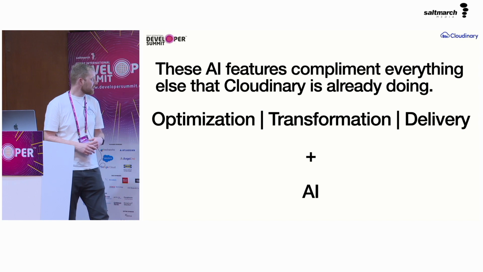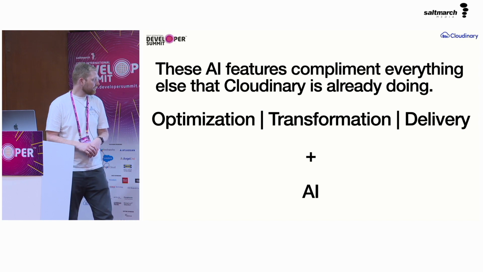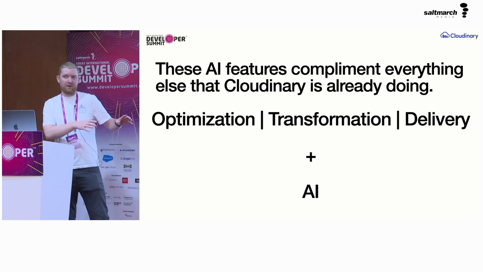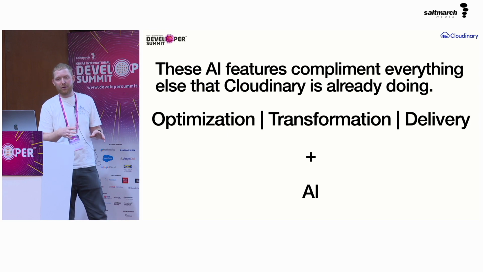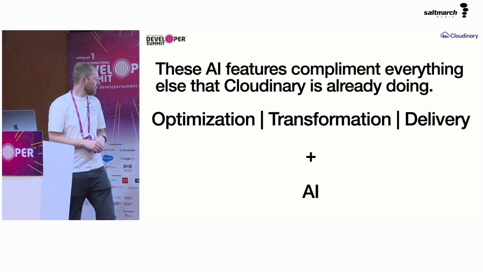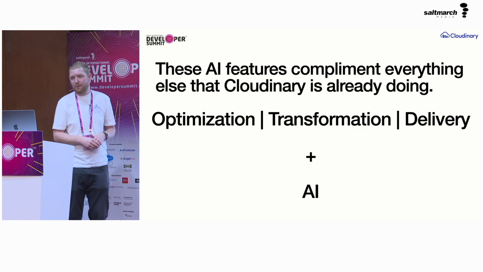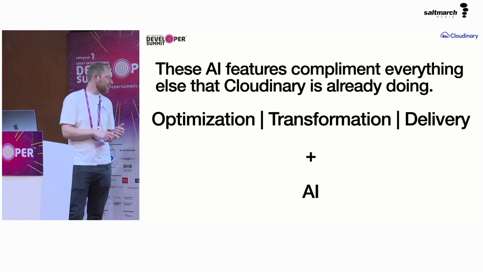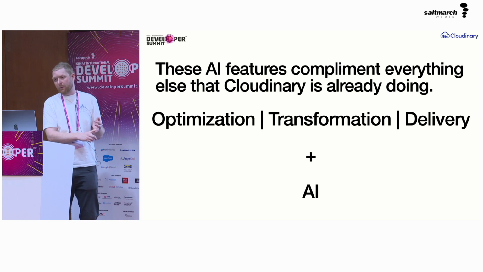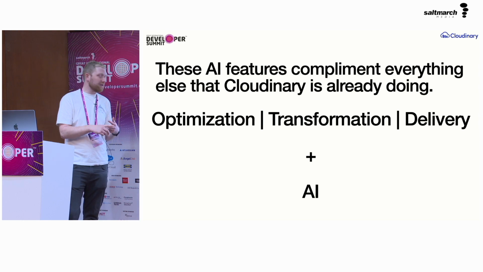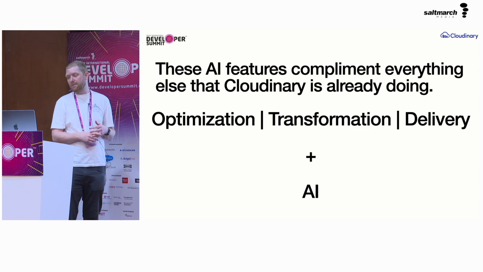This is just to let you know that what I've shown you today with AI is obviously a very small component of what Cloudinary offers. It's meant to supplement the base functionality that we have, which is around optimizing your media assets, transforming them, and then providing delivery via CDNs.